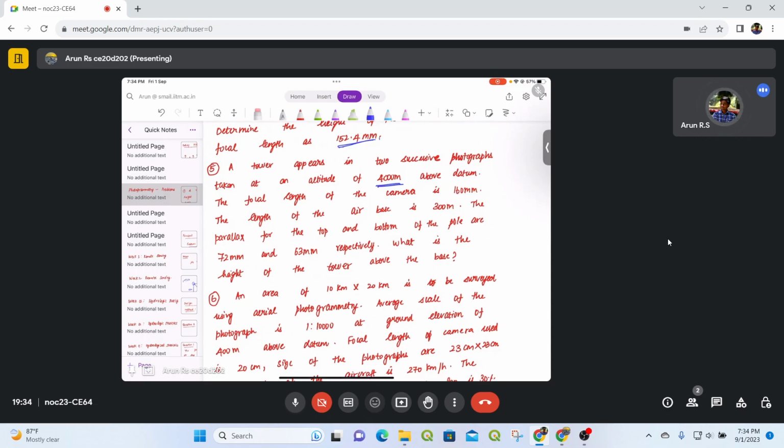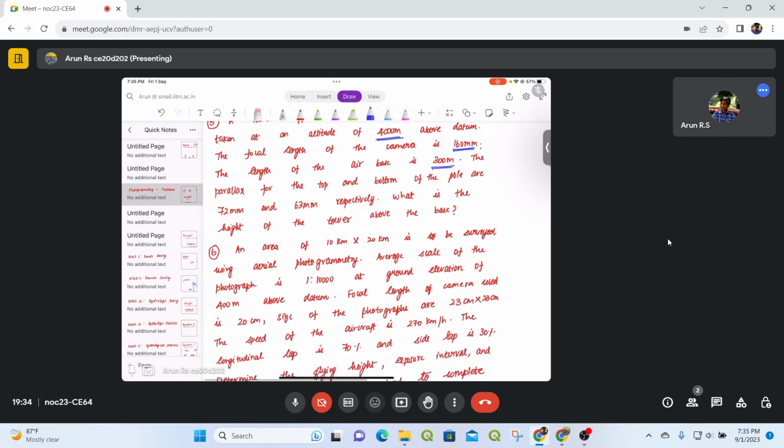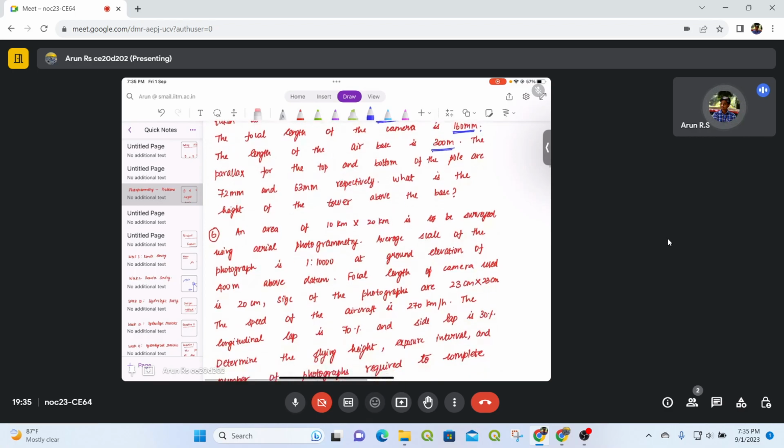So your capital H is given, and the focal length of the camera, small f, is given, and the length of the airbase is 300 meters. The parallax for the top and the bottom of the pole, so your P top, P bottom is given. Now what is the height? So we need to determine the height of the tower.